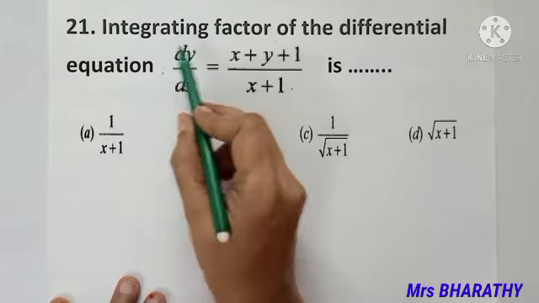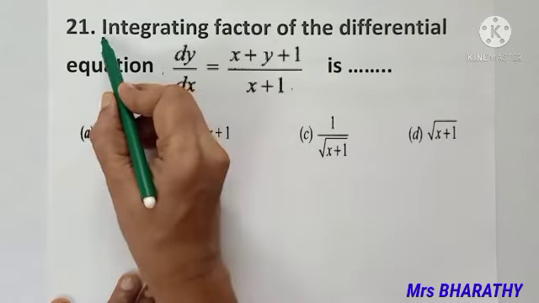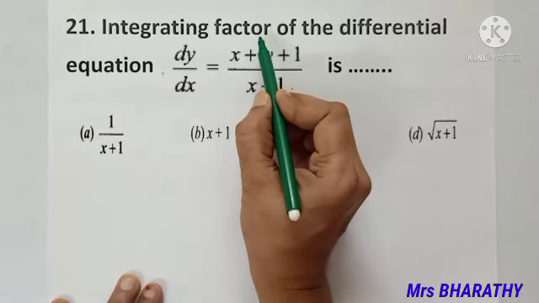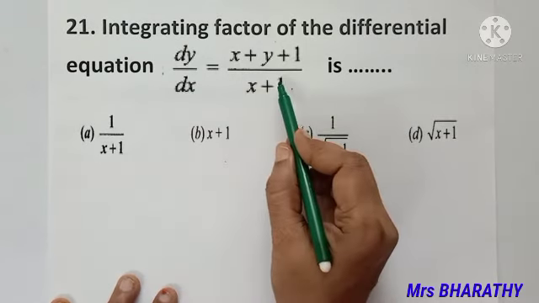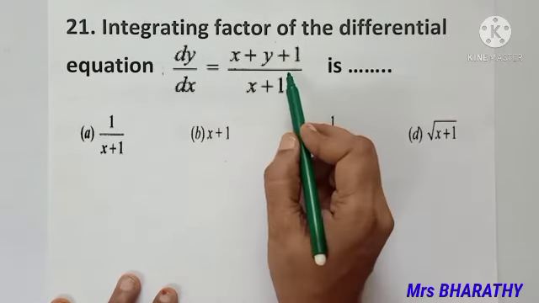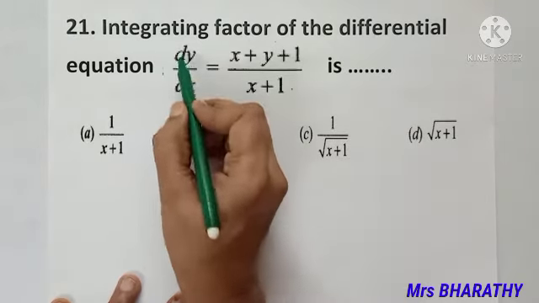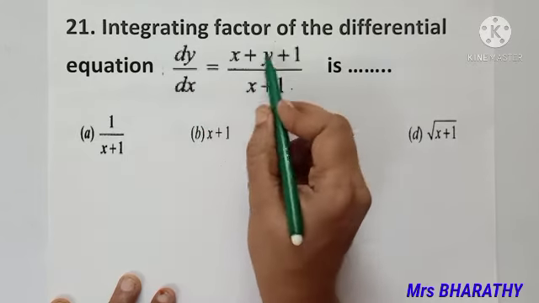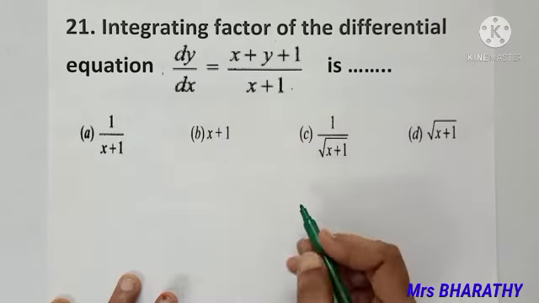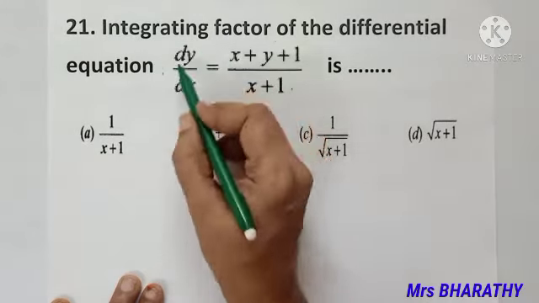Question number 21. Integrating factor of the differential equation. Whenever I want an integrating factor, it must be of linear type. Linear type requires the RHS to be fully of x or fully of y. Here it is the dy by dx pattern, so naturally the RHS should contain only x. This y term I must bring to the left.